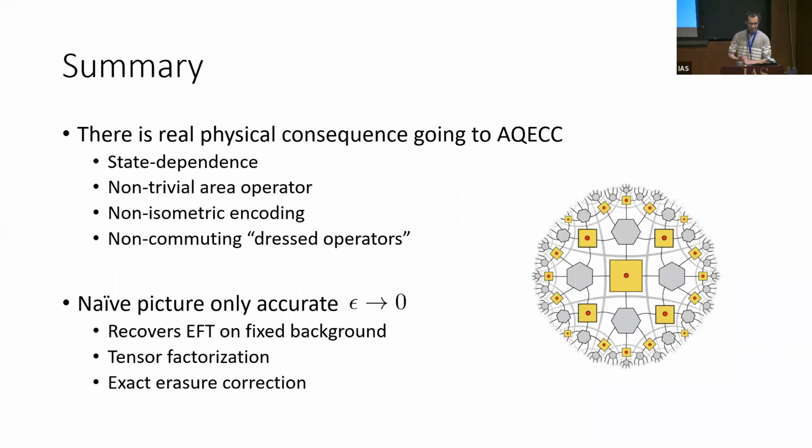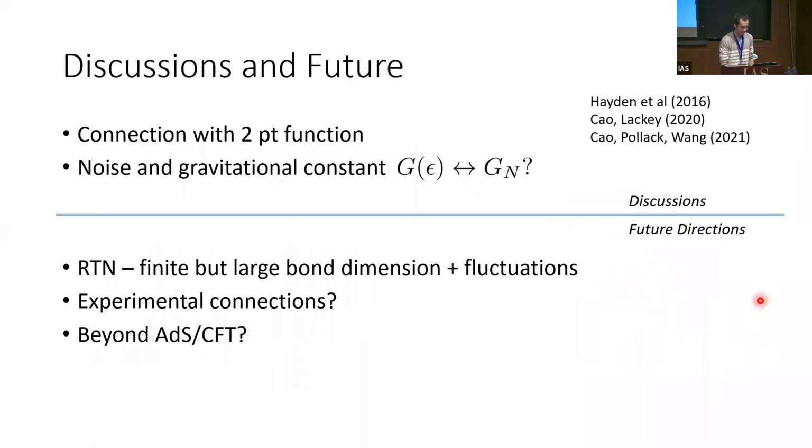So to summarize, by going from exact erasure correction codes to approximate erasure correction codes, we're seeing a number of consequences that are similar to what we expect in gravity, and we only recover the naive limit when we take the noise to zero.